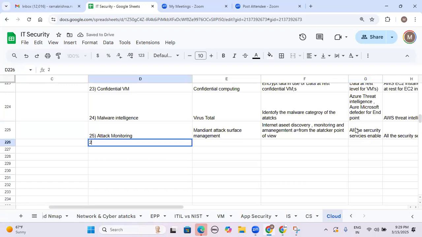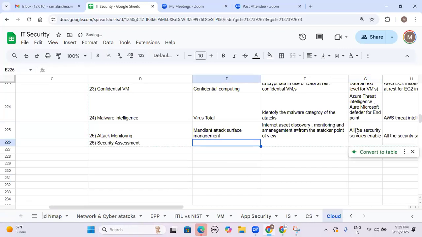Next one is security assessment. Once again, they integrate with Mandiant only. Whatever Mandiant defined on the assessment side, as I said previously, under the Cloud Security Alliance using the Cloud Controls Matrix, called CCM, we have approximately 17 modules.